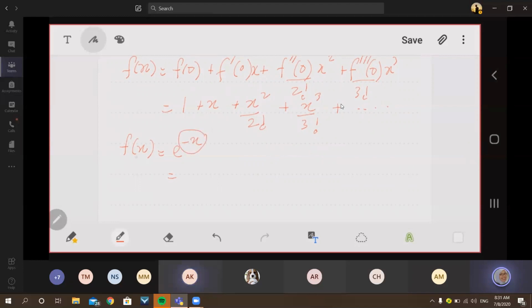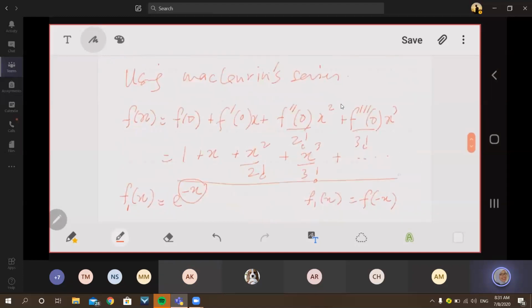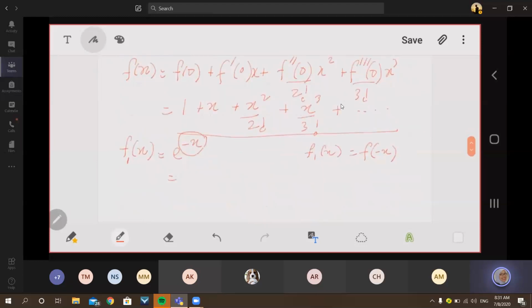Okay. If I put f1 of x, my f1 of x is equal to f of minus x, isn't it? So my f of x is this. So f of minus x is equal to changing all that only.